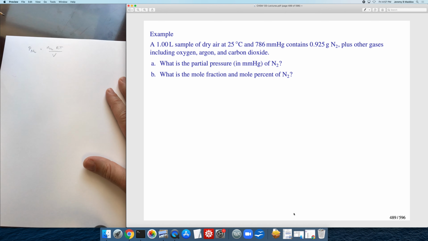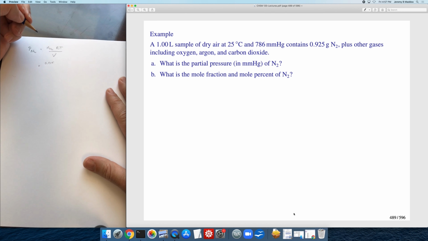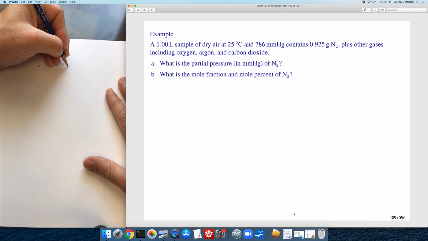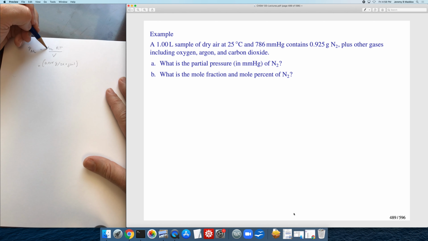Now they've given us the mass, so we can write the number of moles of gas as 0.925 grams divided by the molar mass of diatomic nitrogen, which is 28 grams per mole. Okay, so that's going to be the number of moles of nitrogen we have.